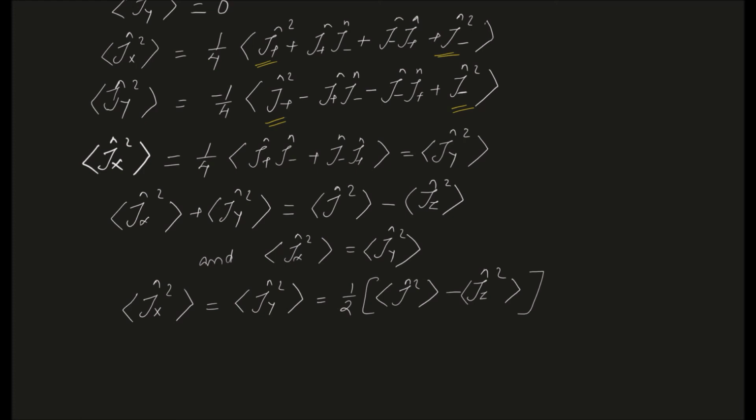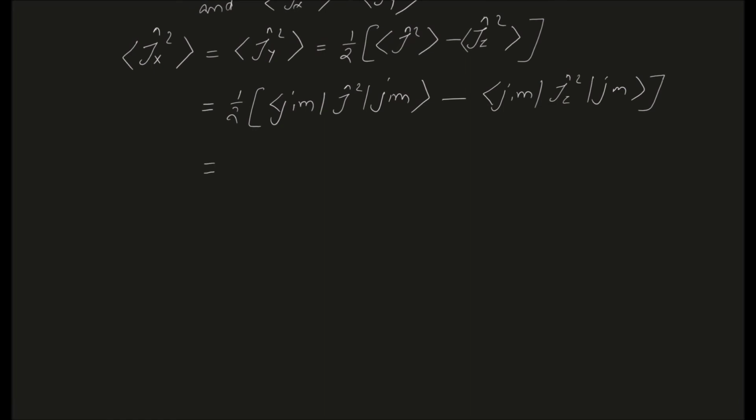Right? Now since |jm> is a joint eigenstate of j² and jz, with eigenvalues j into j plus 1 h cross square and m h cross respectively, on the right hand side we can write half of, for the expectation of j² we can write <jm|j²|jm> minus, and for jz² we can write <jm|jz²|jm>.